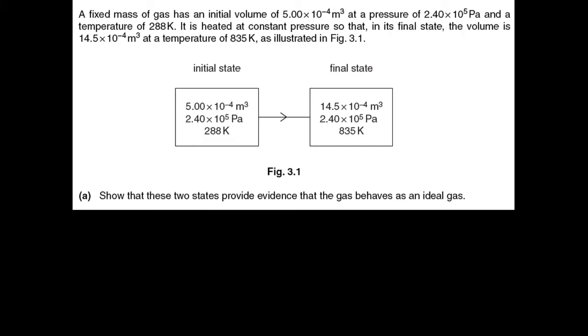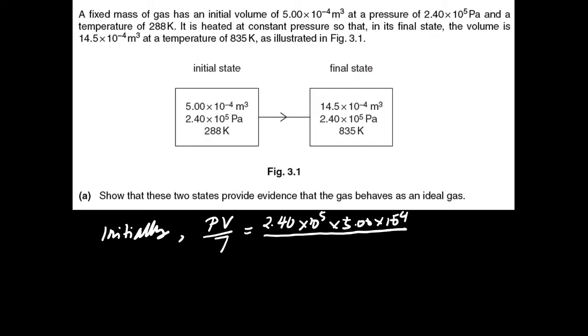So initially we have PV over T: initial pressure 2.40 times 10 to 5 times volume 5 times 10 to minus 4, divided by initial temperature 288. And this gives us 0.417.